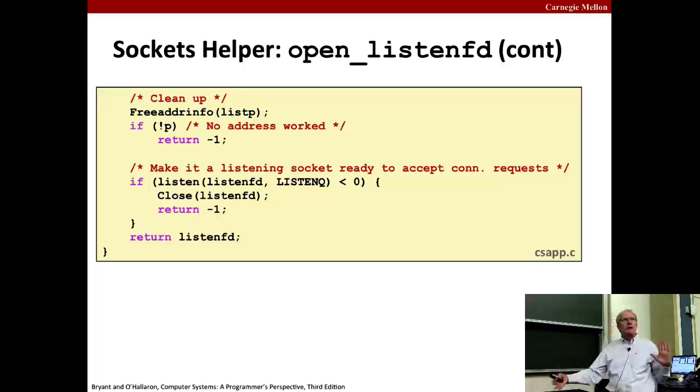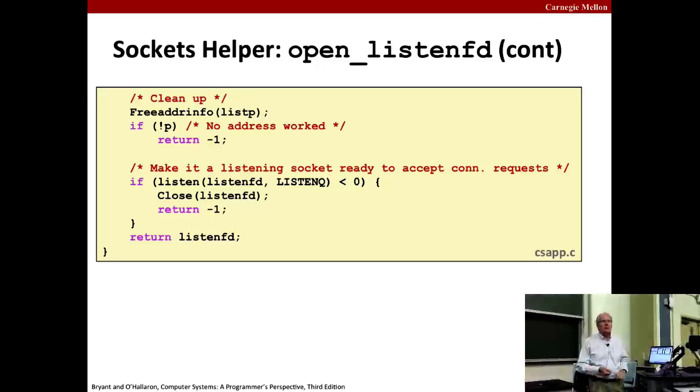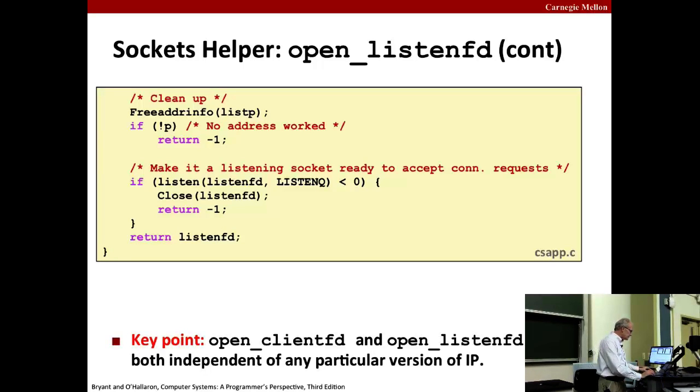But if it's too big, then you're vulnerable to certain types of denial of service attacks. So again, a little bit of an obscure feature. But the result of this is a file descriptor that the server can use to pick up connection requests.